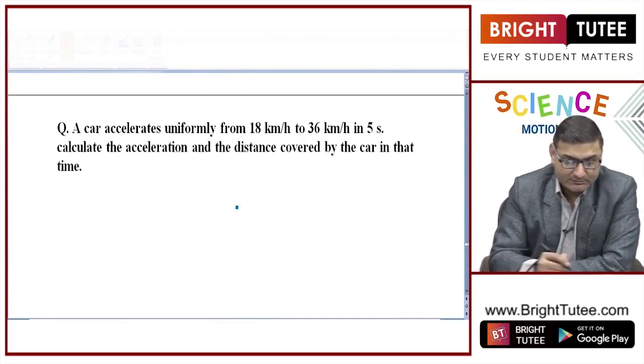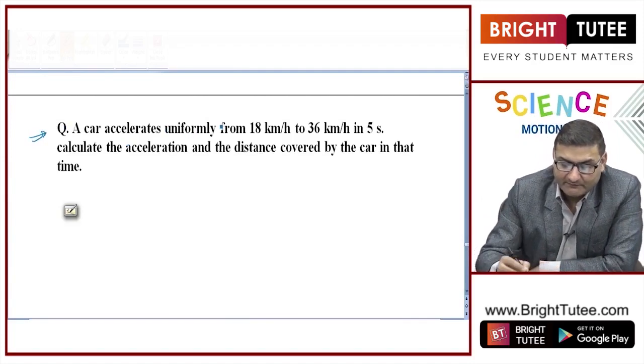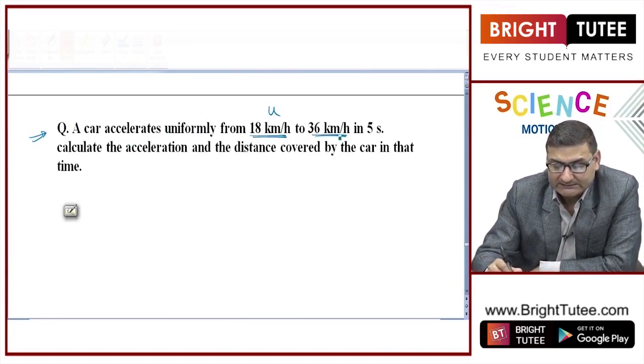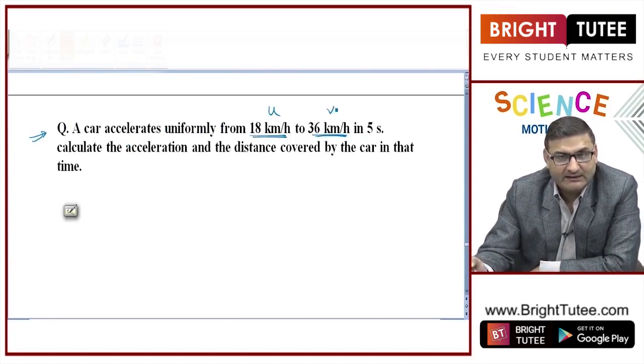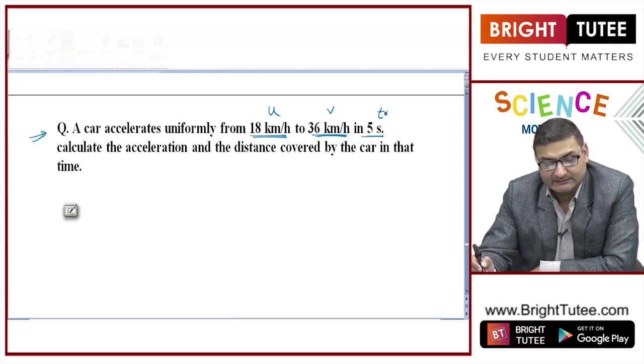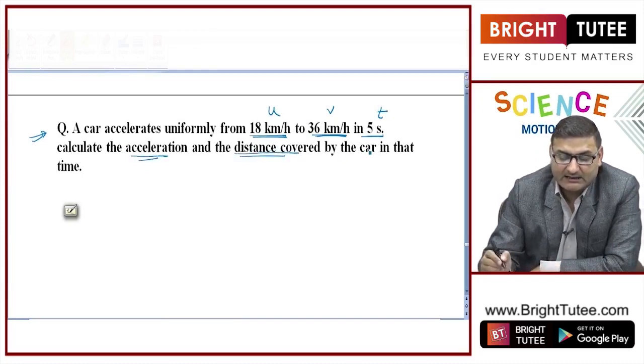Alright. Next question. A car accelerates uniformly from 18 kilometers per hour, that is u, to 36 kilometers per hour, that is v, in 5 seconds, that is t. Find the acceleration and the distance covered by the car.